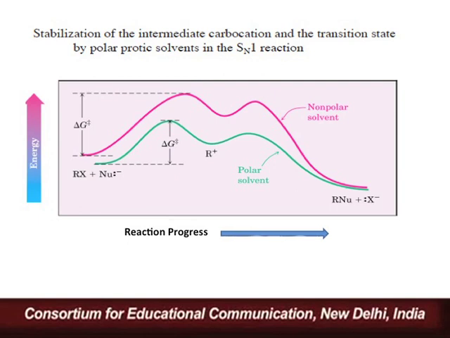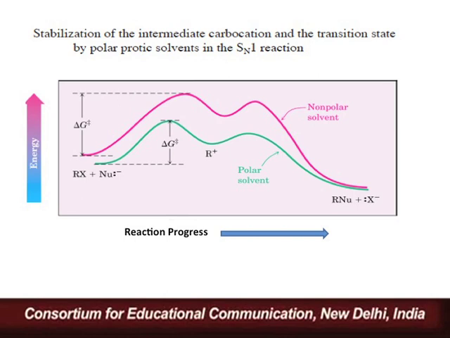And what we find is, when the reaction is conducted in the polar solvent, the energy of activation is less. The energy of activation is less since the transition state as well as the ions formed as the result of the ionization are stabilized by the solvent.